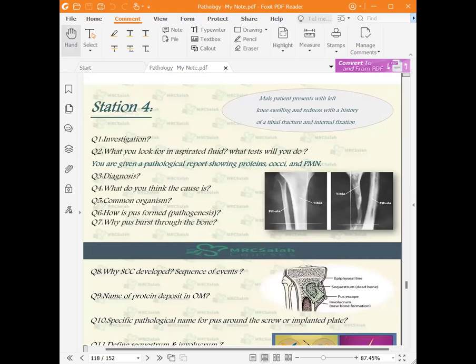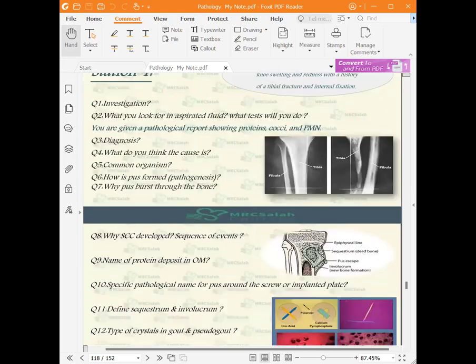Okay. You are given a pathological report showing proteins, cocci, and polymorphonuclear lymphocytes. What is your diagnosis? As it is showing protein with polymorphonuclear cells and cocci, it is chronic osteomyelitis.